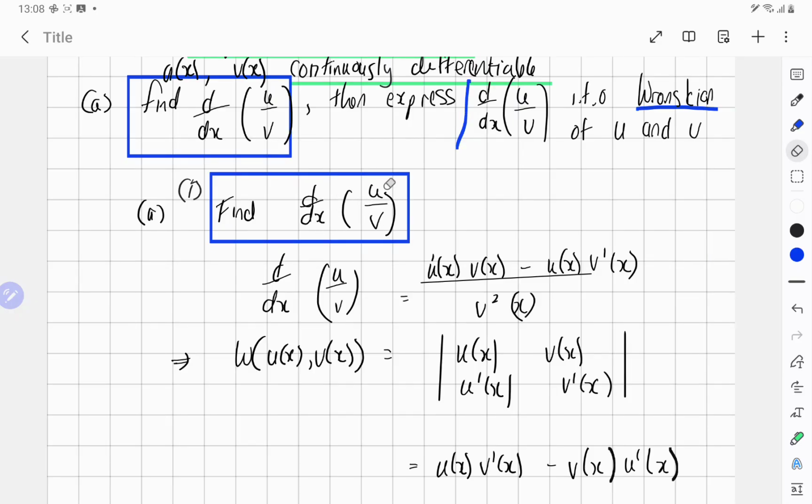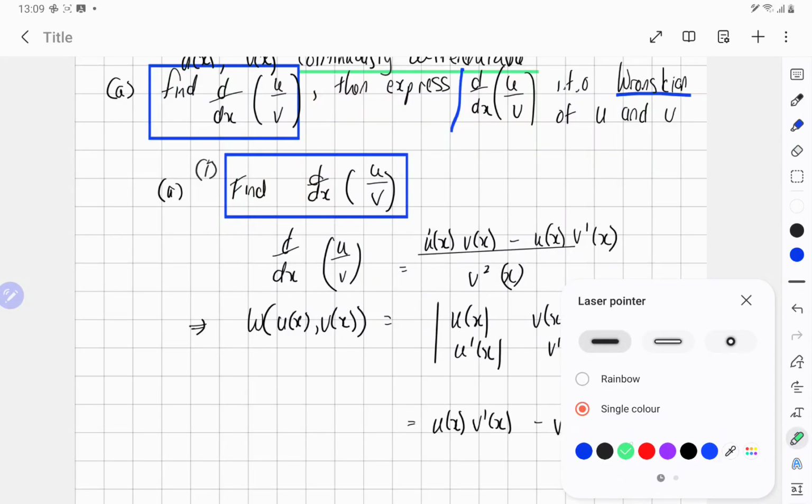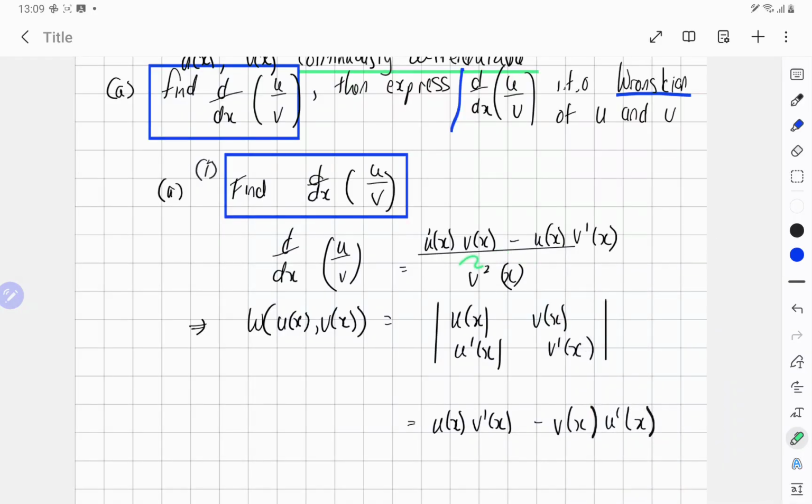My first part of the question you should all be familiar with. That is the quotient rule of derivatives. So just like I said before, recap your table of derivatives. When we do the derivative quotient rule, it is going to be v squared in my denominator.